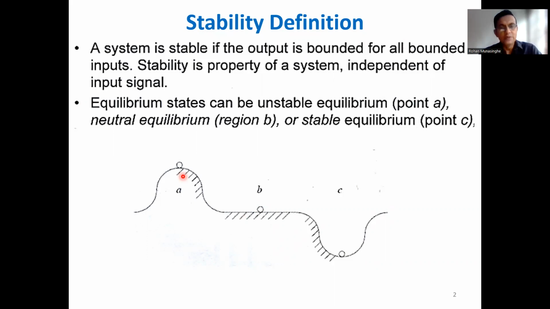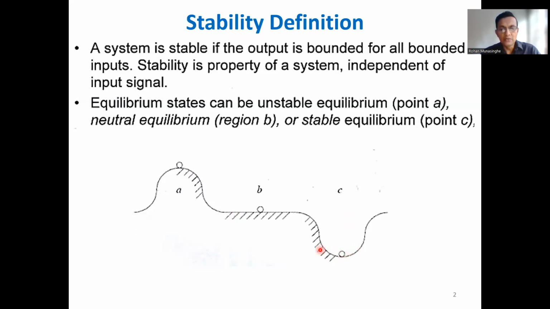Say, for example, if you select point A and put the object there, and if you deflect it a little bit, we call it perturbation. If you perturb the object at point A, it will fall to the left or to the right immediately, right?